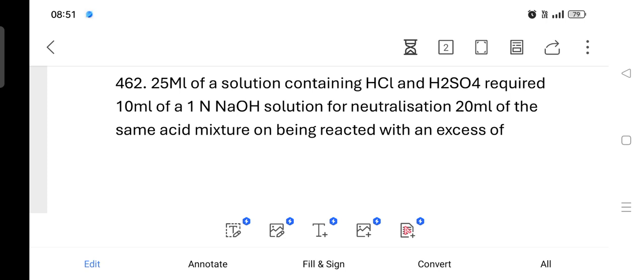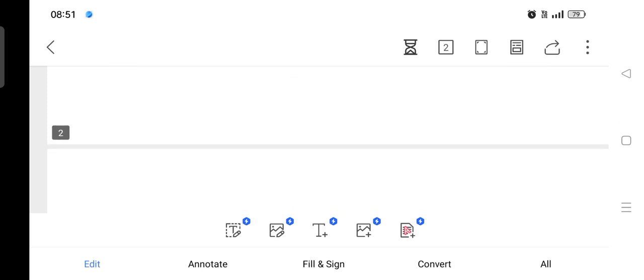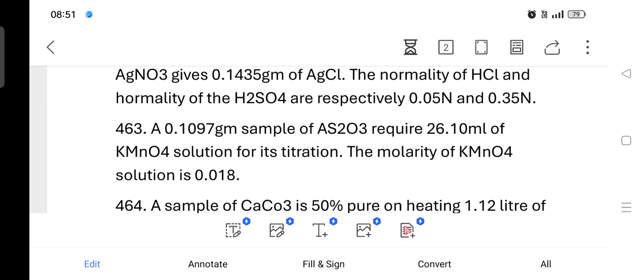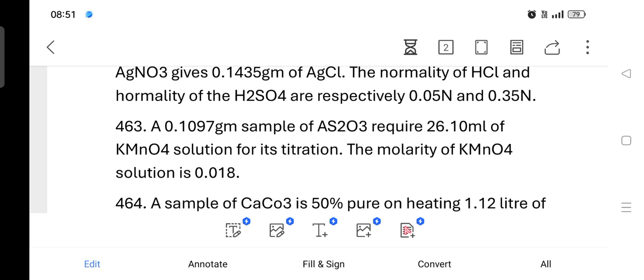25 ml of solution containing HCl and H2SO4 required 10 ml of 1N NaOH solution for neutralization. 20 ml of the same acid mixture on being reacted with an excess of AgNO3 gives 0.1435 grams of AgCl.